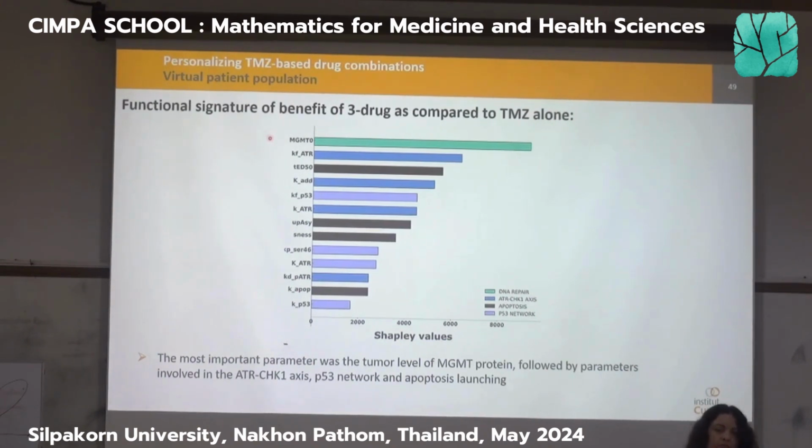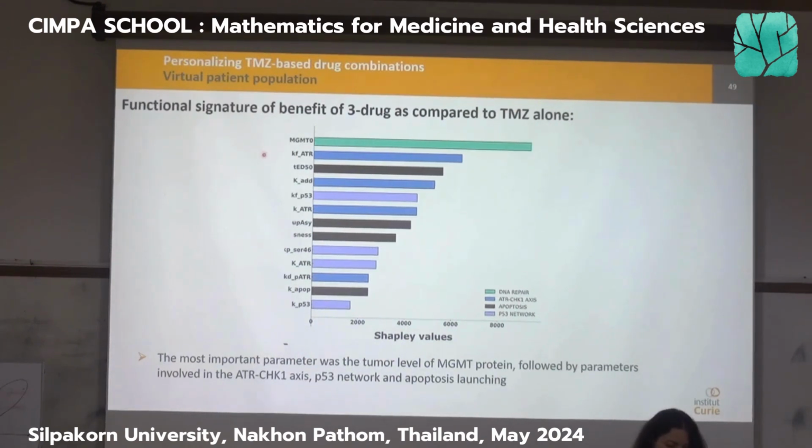In other terms, if you do not overexpress MGMT, all the damage is going through the right path, the one with cis-methylguanine, and you don't really benefit from this 3-drug combination. On the opposite, if you do overexpress MGMT, you do have an interest in adding drugs.